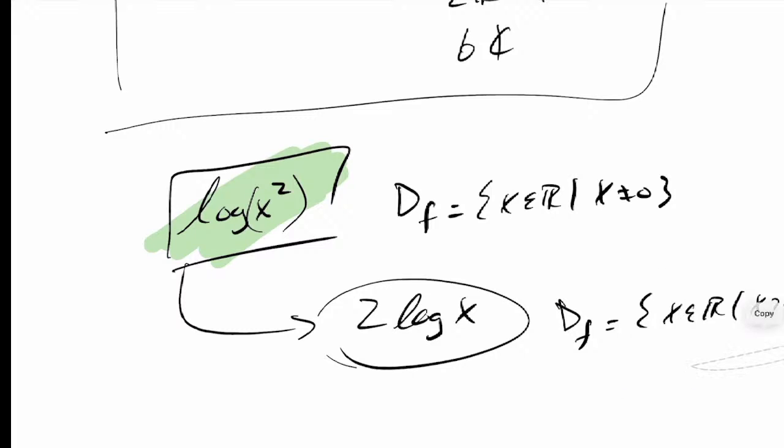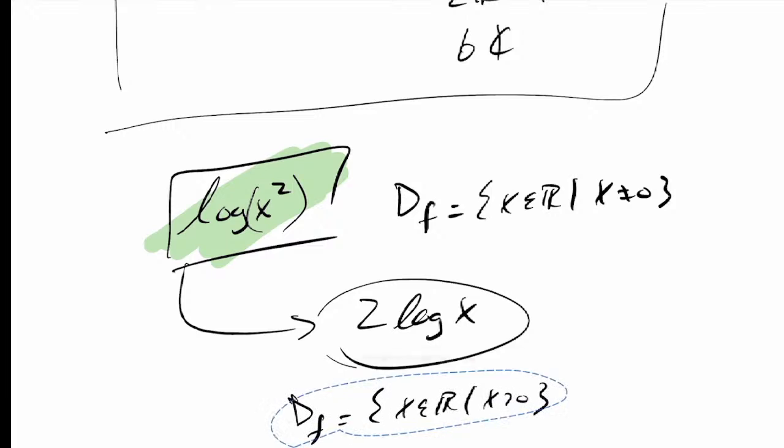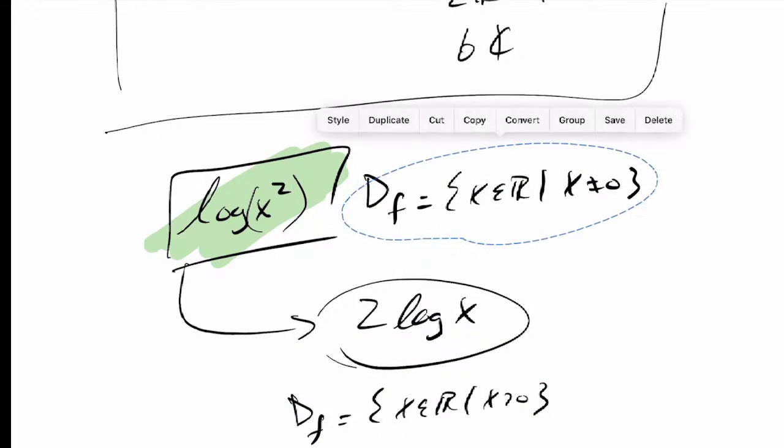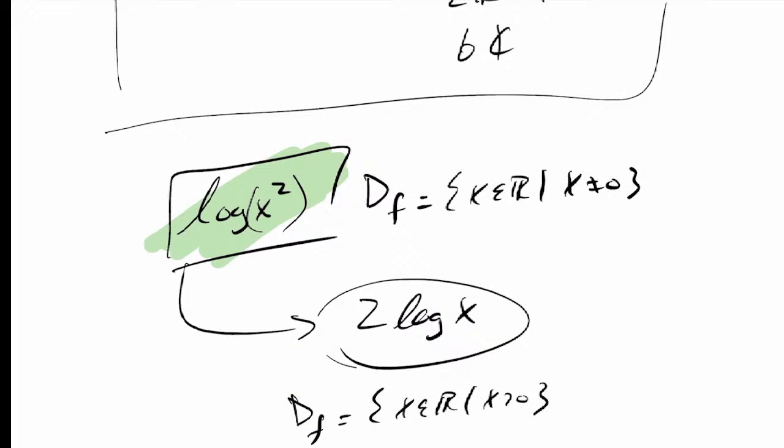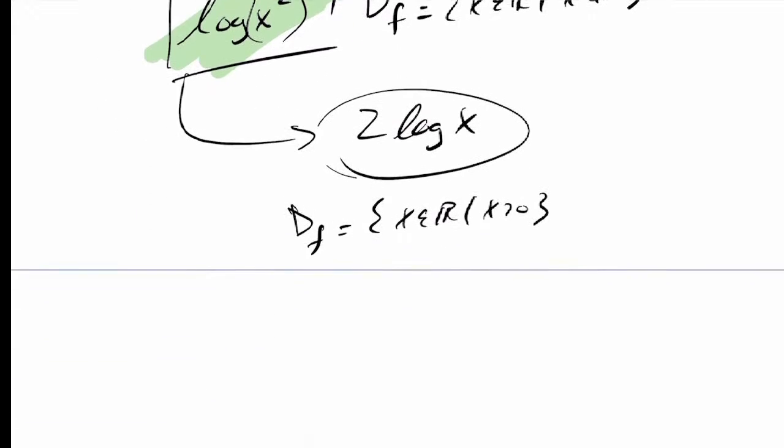So when you apply your logarithmic properties, sometimes your domain can change. So you have to check it in the original to make sure. Make sense?